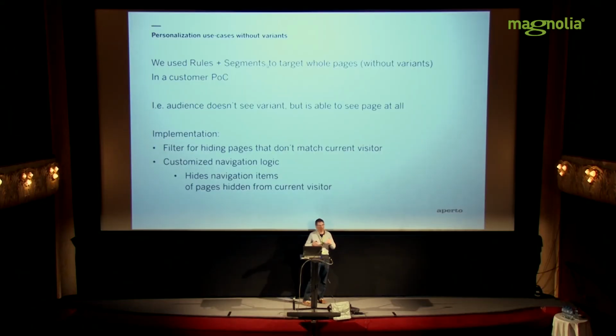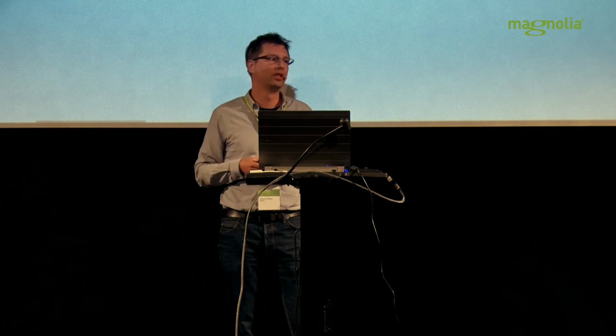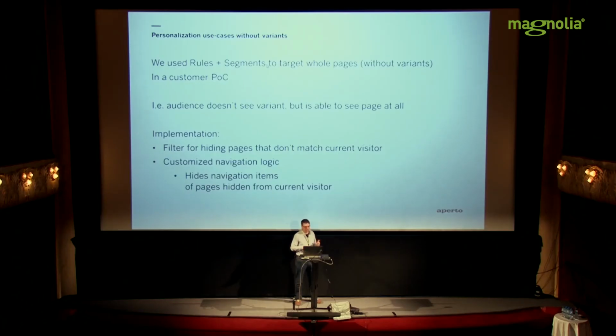So if you got, for example, different kinds of customer accounts, and one kind of customer account is supposed to see this page, but the others don't, then you can do it with this feature, which requires custom programming. But all we had to do is create a filter for hiding pages that don't match the current visitor, and also adapt the navigation logic so it does not show you any entries that you're not allowed to navigate to anyway.